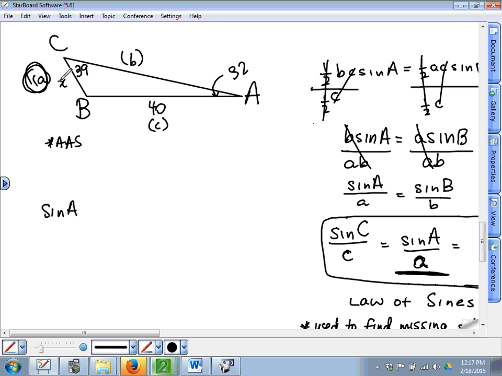But you have to use one more piece, and you have to think about what you've been given. We've been given angle C and side C, so we're going to use this piece of the law of sines as well.